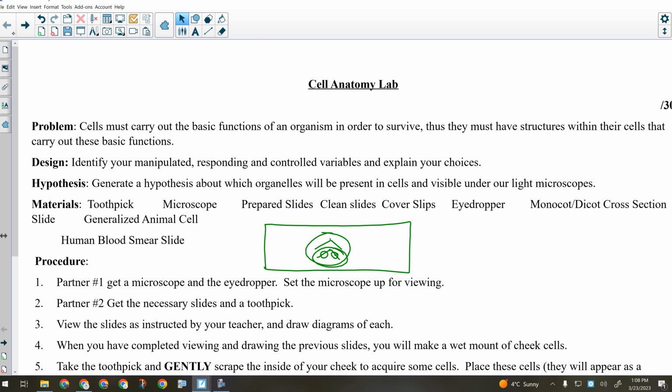All of the cells are going to be viewed under high power. Your final picture of each one of these specimens must be on high power. And I'm sure you can come up with one more thing that might be in common for all of the things we do in that lab.